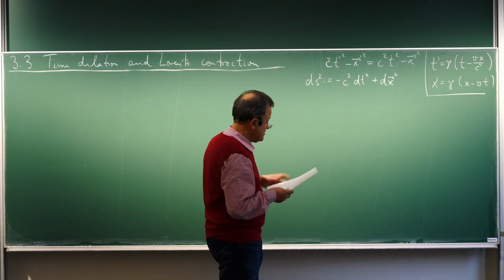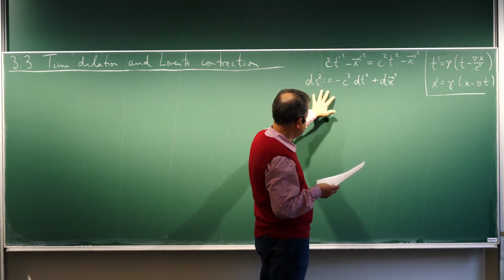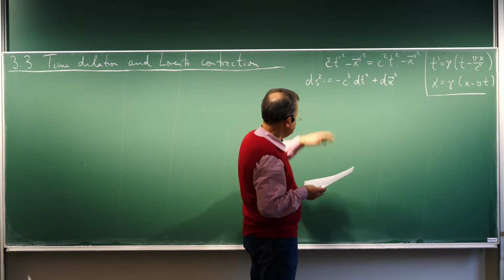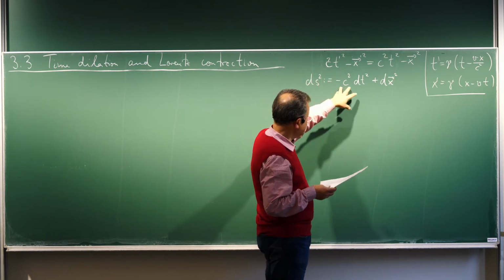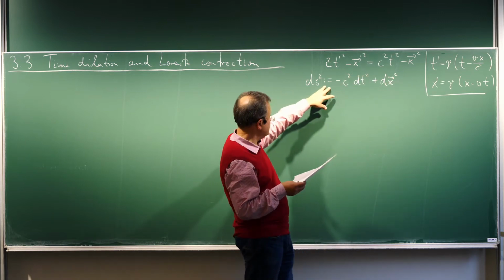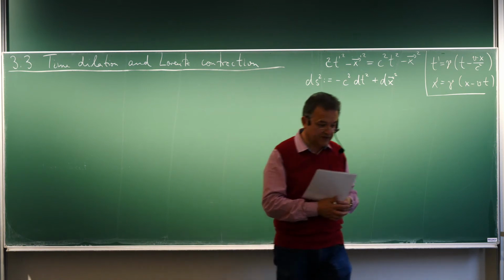And we can write down the infinitesimal version of this in the following way. So ds squared, which is defined actually by this right hand side as minus c squared dt squared plus dx squared.